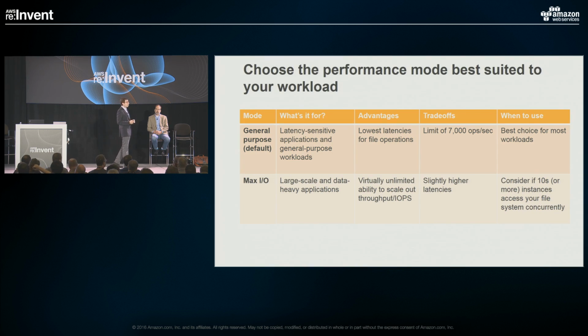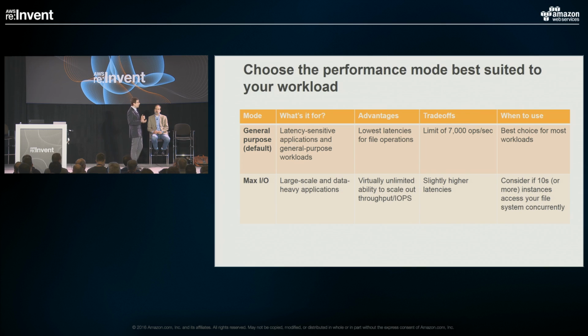And in order to support that spectrum of workloads and applications, EFS offers two different performance modes that you can choose from. The first is called general purpose mode, and that's the default mode for a file system. What it does is it offers the lowest latency for your file operations.